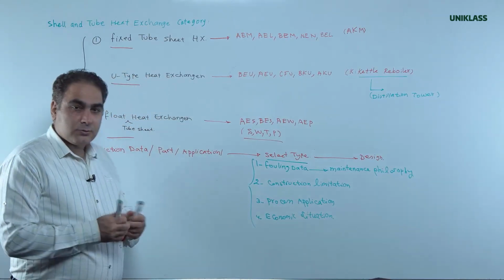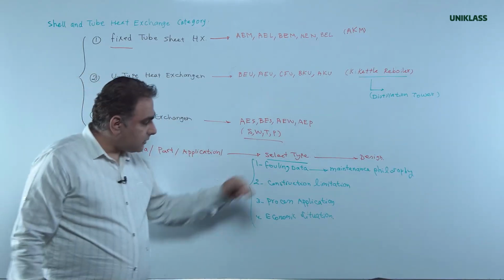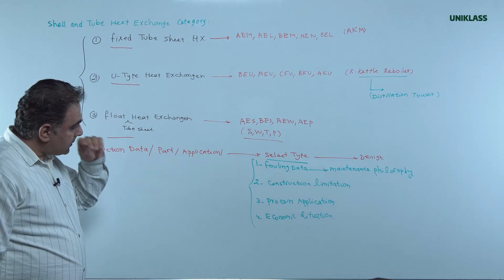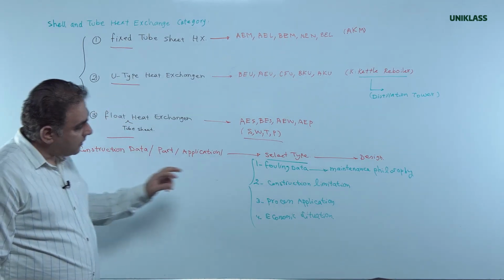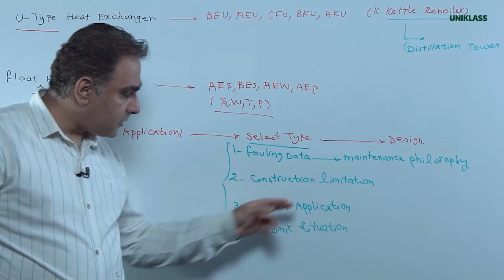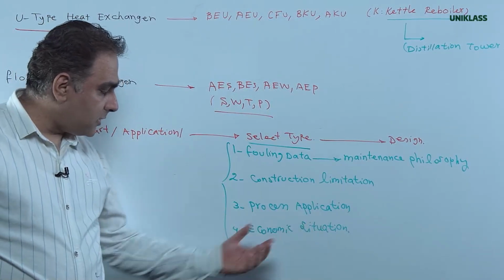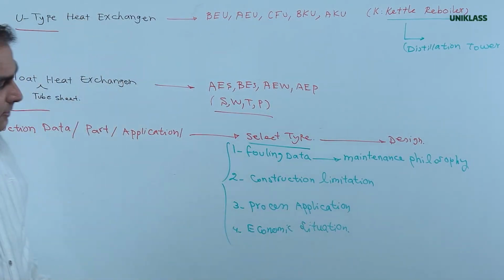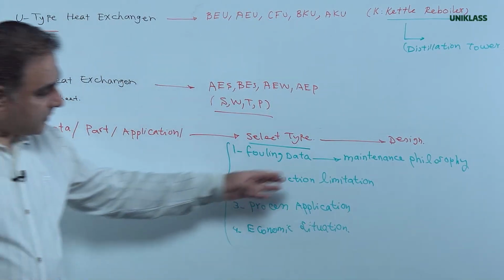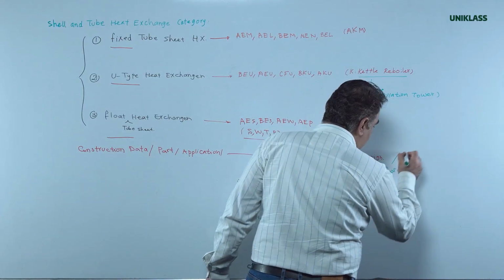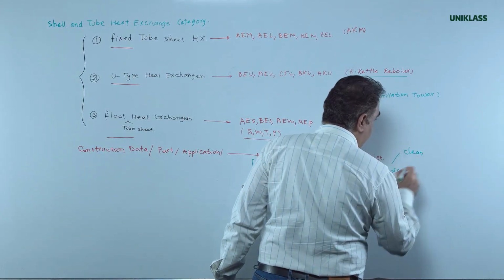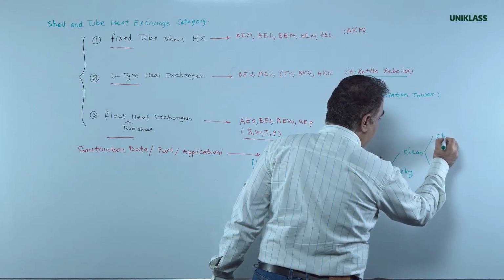Therefore, it is not easy to make the selection. For the selection system, we shall think about more criteria based on construction limitation, process application, and economic situation. Maintenance philosophy shows us whether it is possible to clean the heat exchanger by chemical or mechanical cleaning.